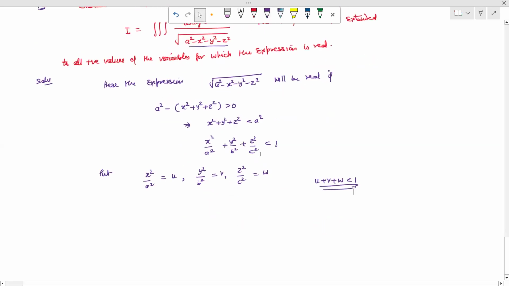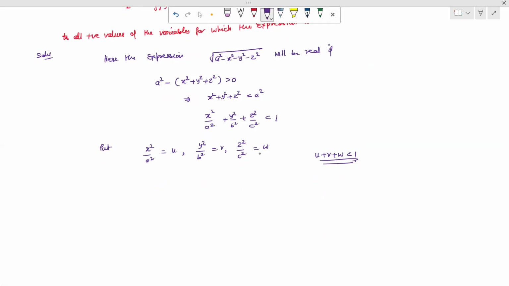When we put these, we can write down the values of x, y, and z. So x square is equal to a square into u, so x equal to a into u raised to the power 1 by 2, or dx will be a by 2 u raised to the power 1 by 2 minus 1 into du.